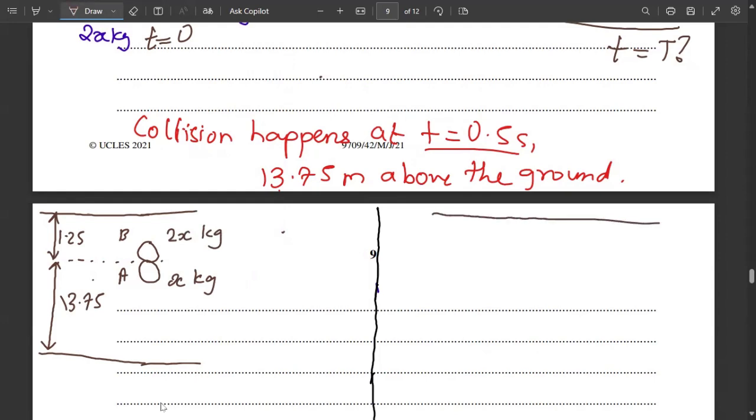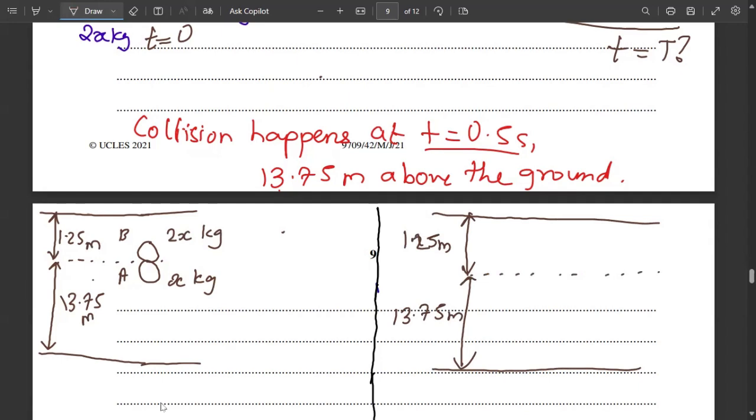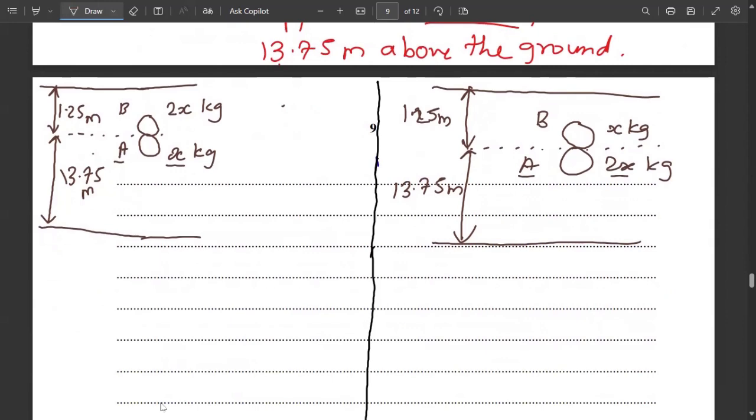Same here, but only one difference: 13.75 meter, 1.25 meter. B will be x kg and A will be 2x kg. So we are considering here A was x, here A is 2x. So now let's solve for both.